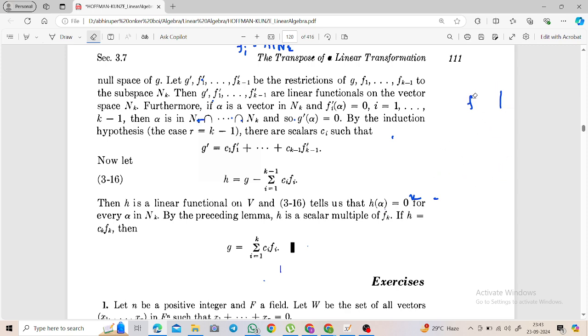For alpha belonging to Nk. Yeah, no, that I just proved, right? I mean, h restricted to Nk is 0. By the preceding lemma, h is a scalar multiple of fk.